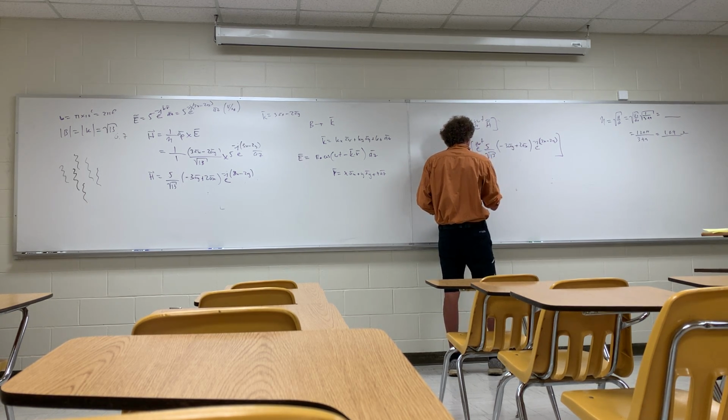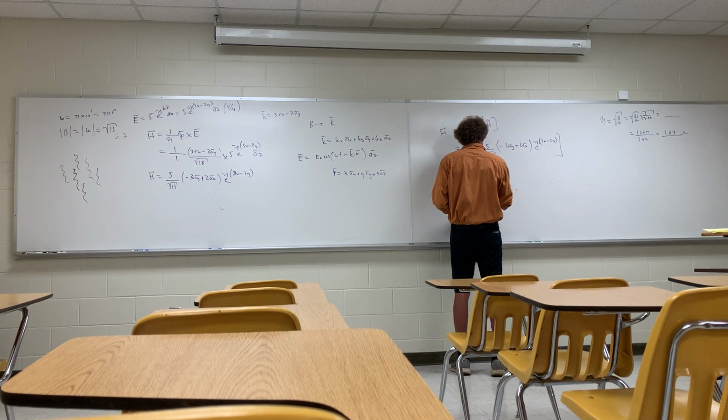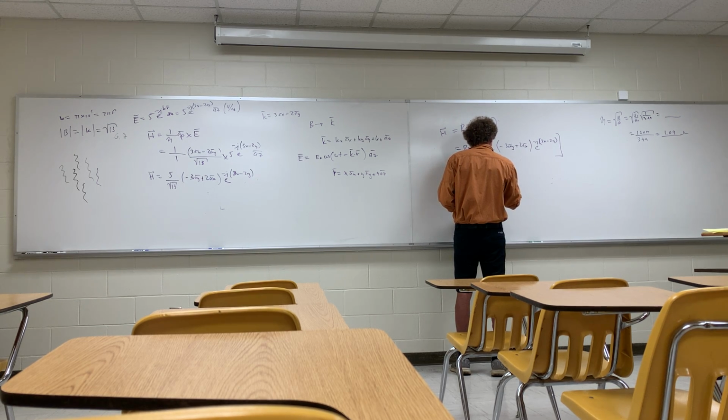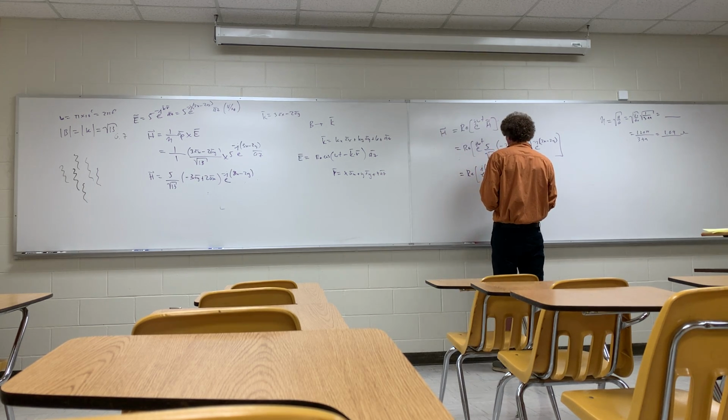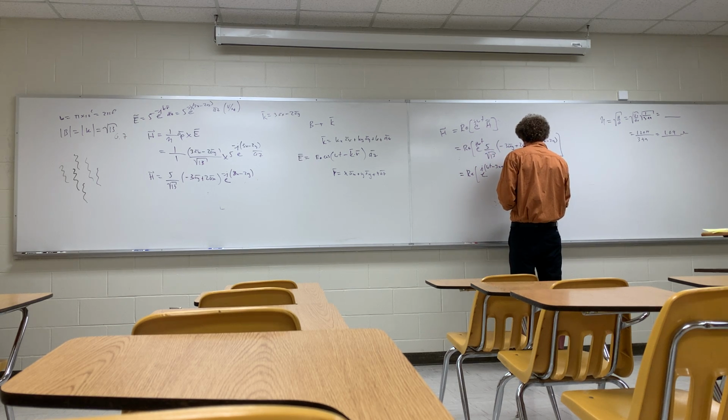So I'm going to just put that down here so you can see it. It's the real part, and this would be e to the j, I'm going to leave it as omega t minus 3x plus 2y here. And then I have the 5 over square root of 13, and I have minus 3ay plus 2ax.